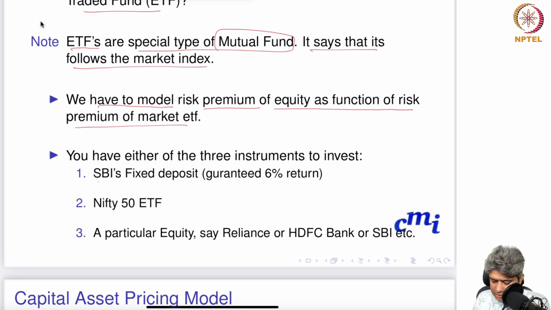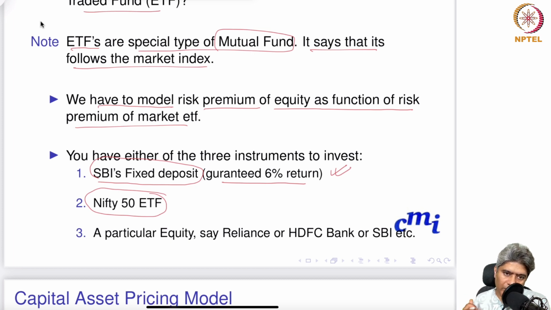Either you can invest in SBI's fixed deposit, which guarantees a 6% return, or you can invest in a Nifty 50 ETF. This Nifty 50 ETF gives you the return of the Nifty 50. If the Nifty 50, an index of the entire market, goes up by 5%, it gives you a return of 5%.